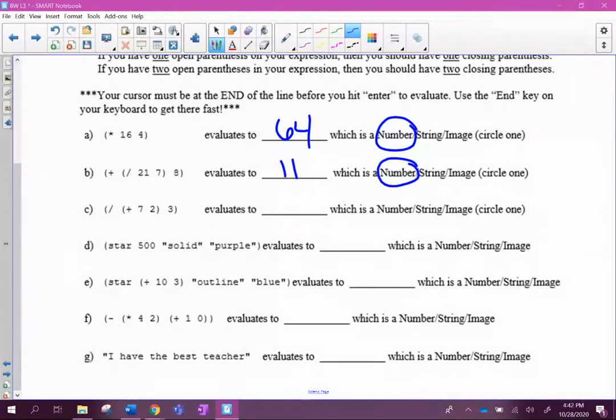C, we're dividing 7 plus 2 and 3, which should have given you 3, which is also a number. Okay, letter D, hopefully we recognized from the last lesson, that is the star function. So that gives us a star, which is an image. Same thing for E, star function. So we get a star, which is an image.